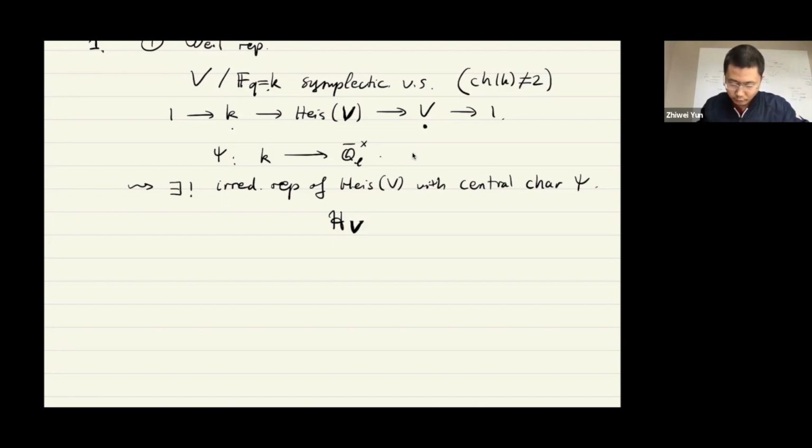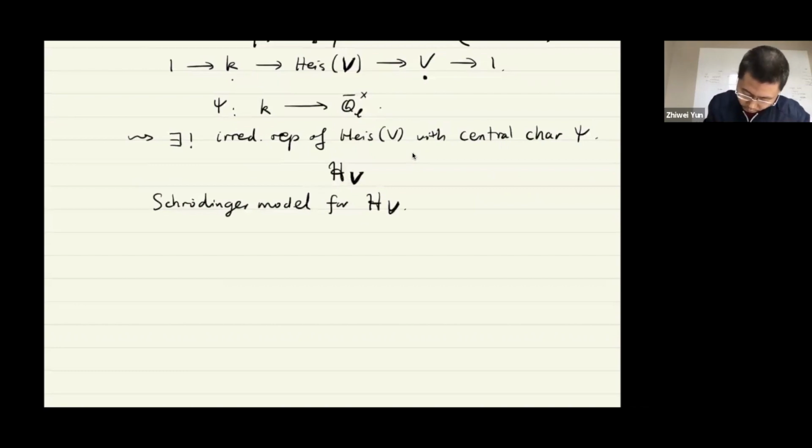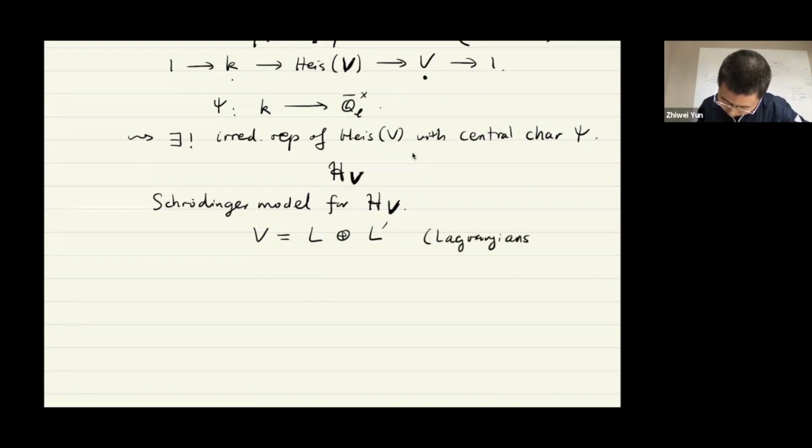Concretely, you can realize it by the so-called Schrodinger model. If we take any splitting of V into 2 Lagrangian subspaces, then we can realize HV as functions on, let's say, the second one.